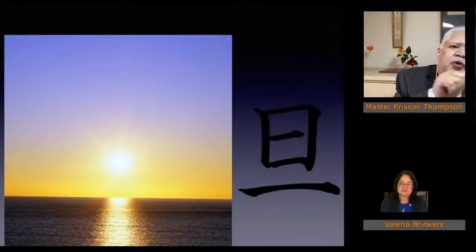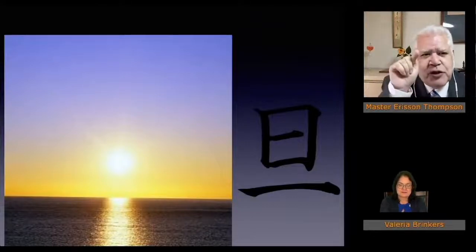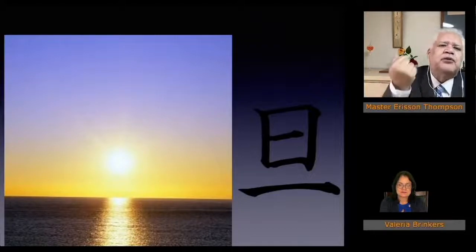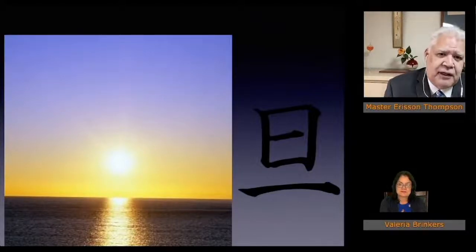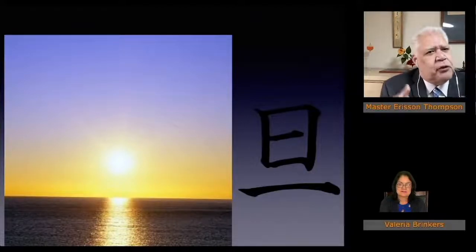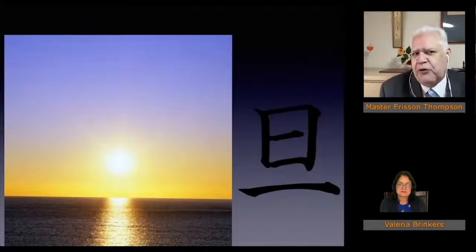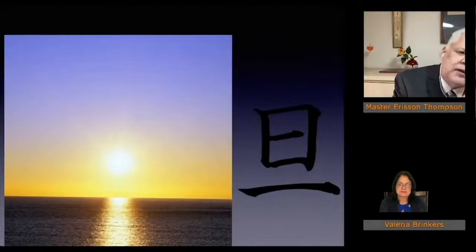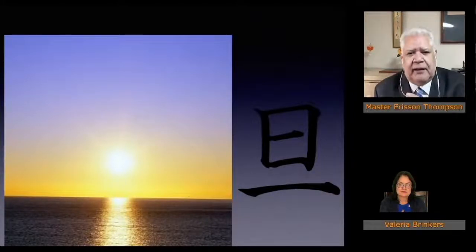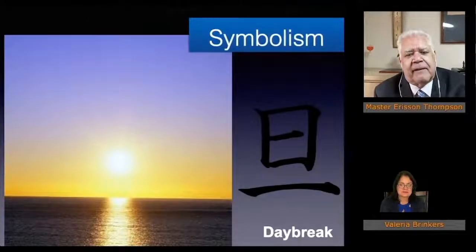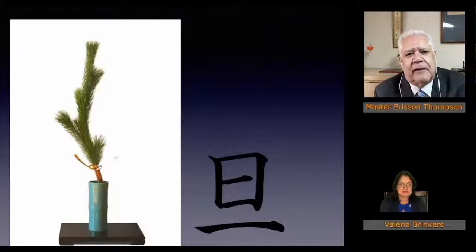The right side has a little square with a dash in the middle. This is the ideogram of the sun, and on the bottom is the number 1. So it's the first day of the year, like the sun rising over the horizon. This is only used that day. The 1st and 2nd of February use another ideogram.